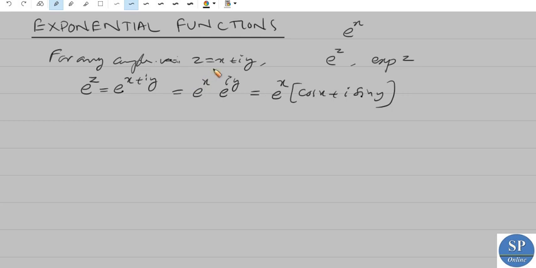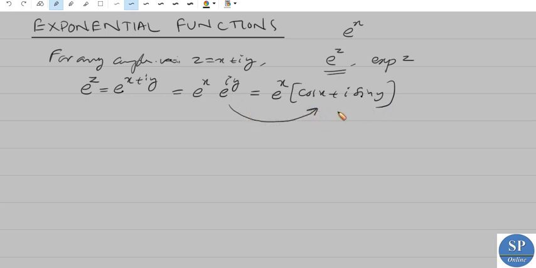That is, for any complex variable z, the exponential function is denoted by e power z or exponential of z, and it is defined by e power z is equal to e power x plus iy, which is e power x into cos y plus i sin y. So from this, we write that e power iy is equal to cos y plus i sin y.